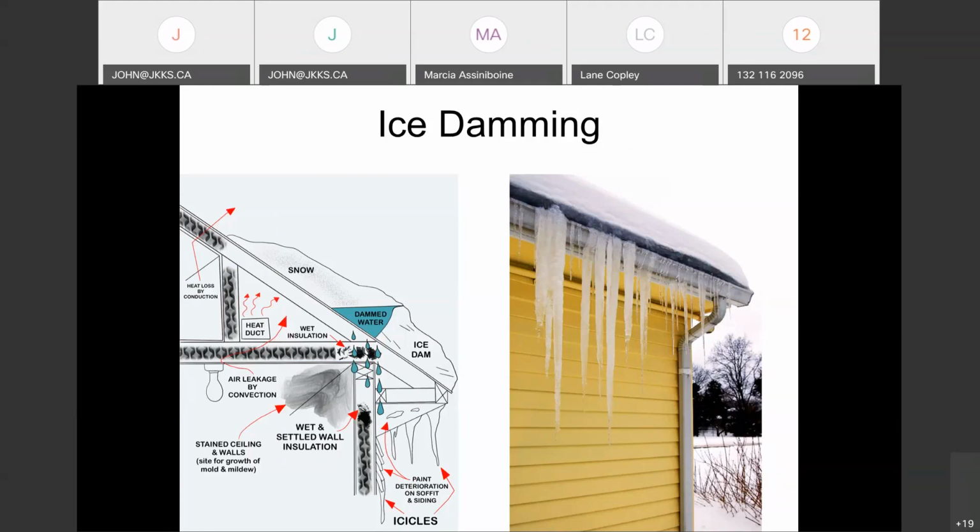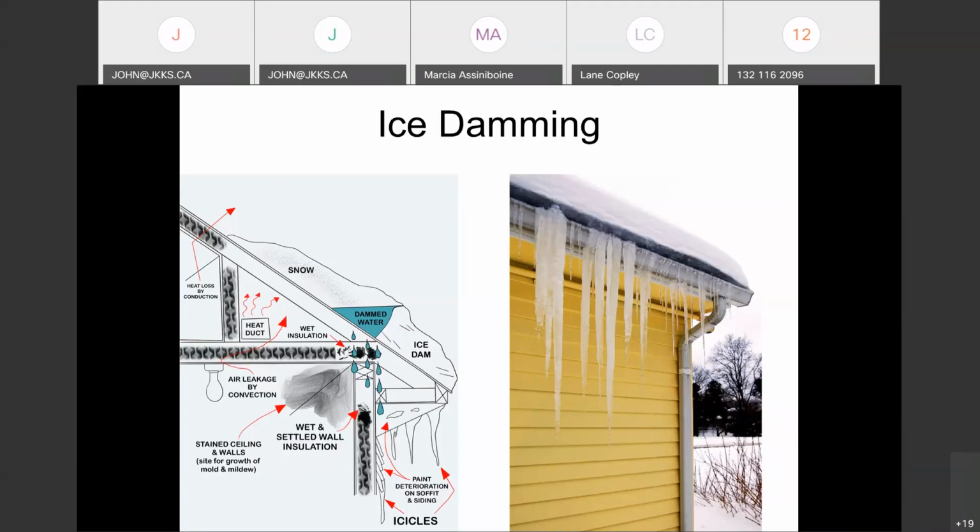As the snow melts, it creates water, and the water will eventually refreeze and create this ice dam, with its very telltale signs. It's the icicles.